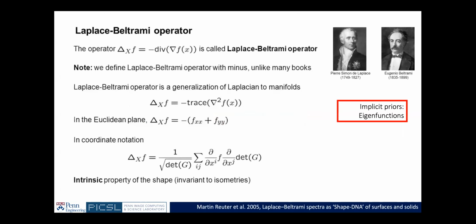So we'll have a segue here for one slide. I want to explain what the Laplace-Beltrami operator is. So you already are very familiar with taking gradients and divergence in your images. You already know what a Laplacian is. Laplacian is in a Euclidean plane, nothing but taking the divergence of your gradient.